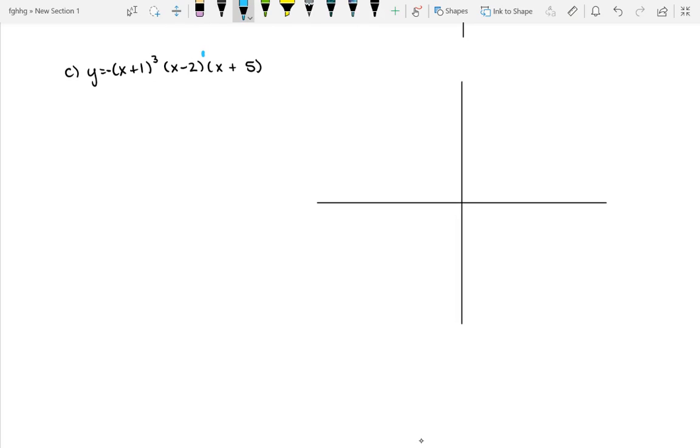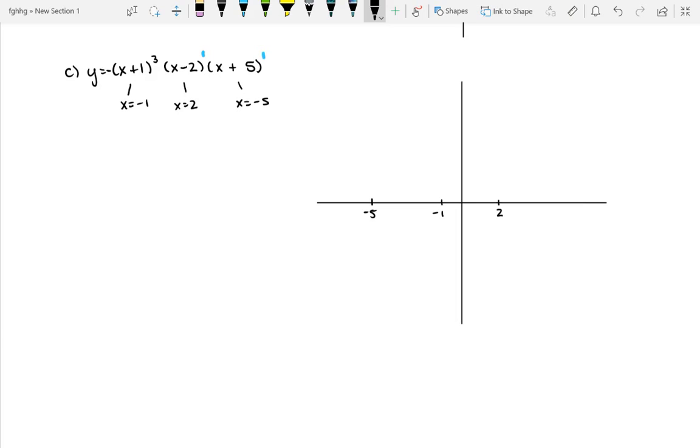X minus 2 and x plus 5 are both raised to the exponent 1 here. Now, we're going to talk about the corresponding x values that relate to these factors. For this one, it's going to be x equals -1. This one is x equals 2. This one is x equals -5. We're going to place those on our grid right now. So I've got -5, I've got -1, and then I've got 2.